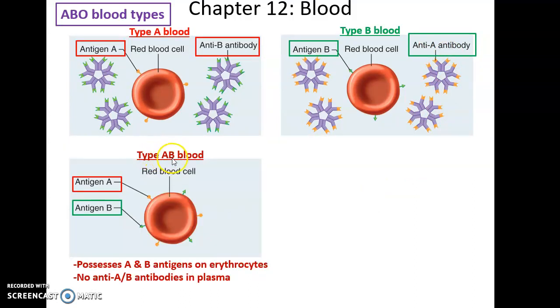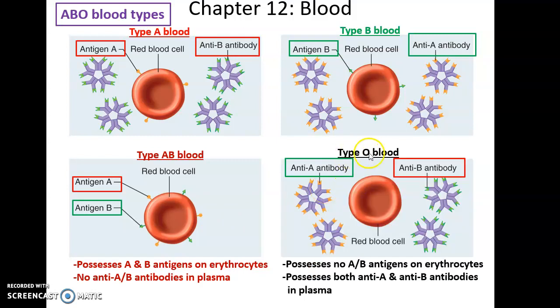If you have blood type AB, then you have both A antigens and B antigens on the surface of your red blood cells, which means that those are supposed to be there for you. And so you have no antibodies against those antigens. Again, they're supposed to be present, so there are no antibodies that would attach and attack them.